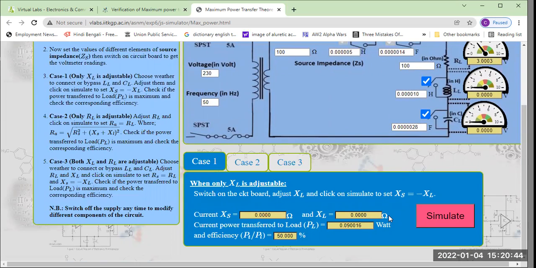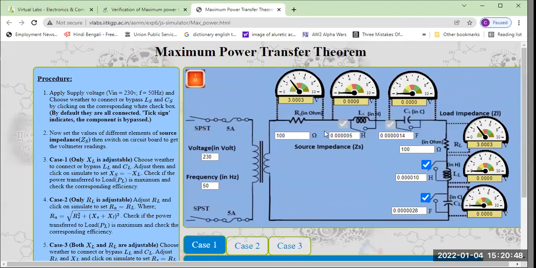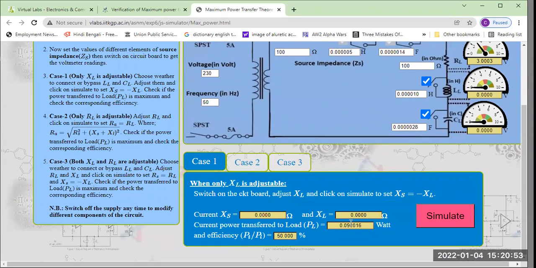Look, nothing is changing. Okay, for this case 1, we can understand that if I only change the resistance, then only the wattage will be changed, means it will draw the maximum power.